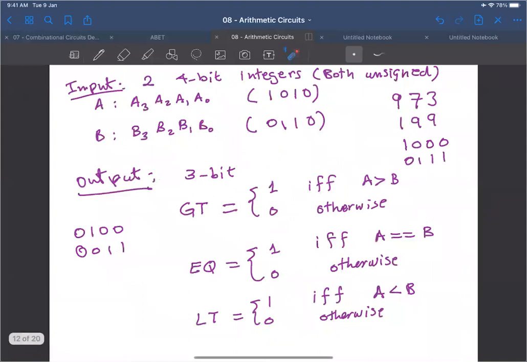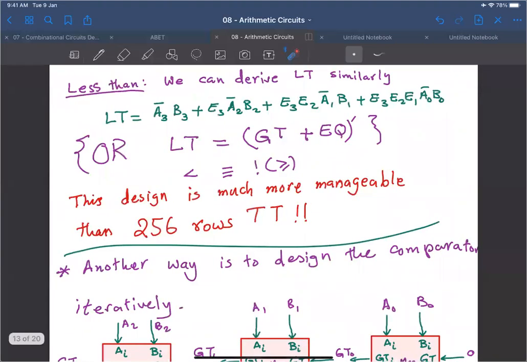Similarly, for less than, we can come up with a similar expression like this one here. Another way of doing LT is that if we generate GT and EQ, then LT will be nothing but the NOR of GT and EQ.